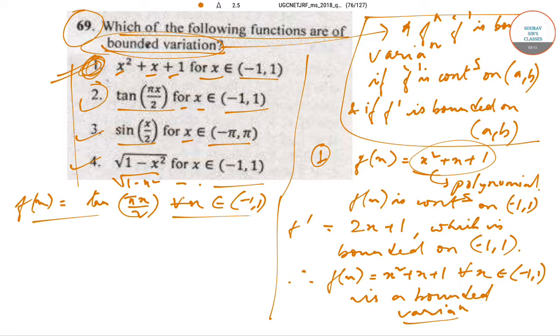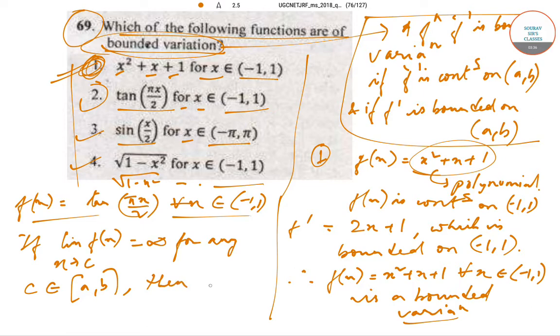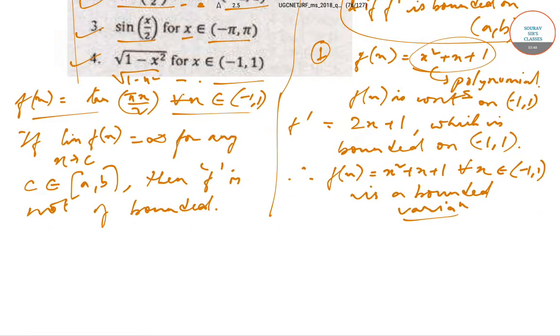Now there is one more condition that we need to keep in mind: if the limit of f of x as x tends to c is equal to infinity for any c belonging to the closed interval [a, b], then f is not of bounded variation on the open interval (a, b). This is the statement that we are looking for.